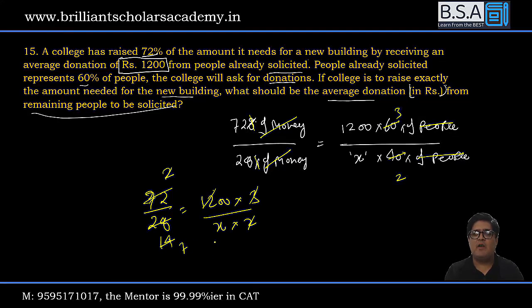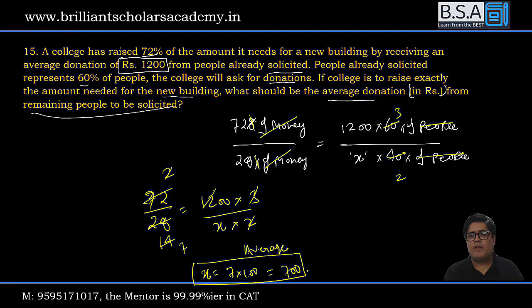So what I have now, x upon 100 is 1 upon 7. So x is equal to 7 into 100. So they are going to ask on an average 700 rupees per person.